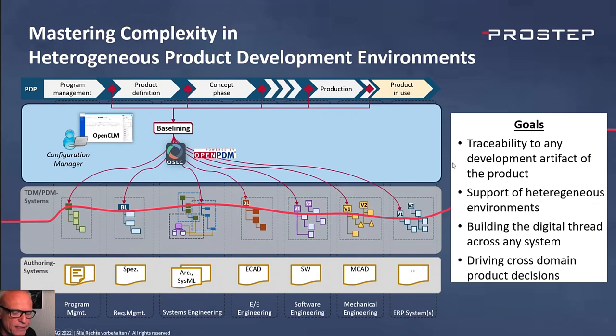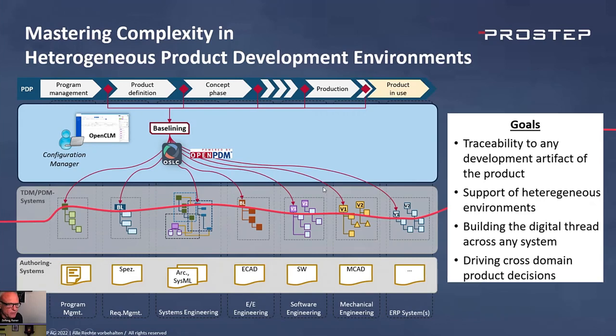How can I trace all the development artifacts of a product, and how do I support heterogeneous environments so that I can build this digital thread across systems? And then we want to drive cross-domain product decisions. That's one of the key elements in OpenCLM.